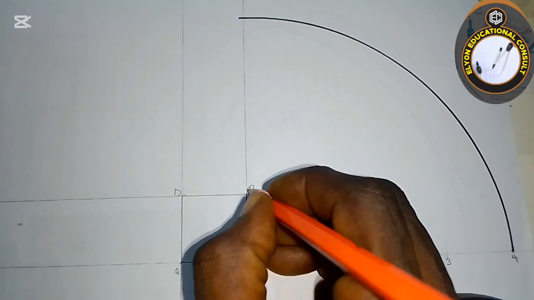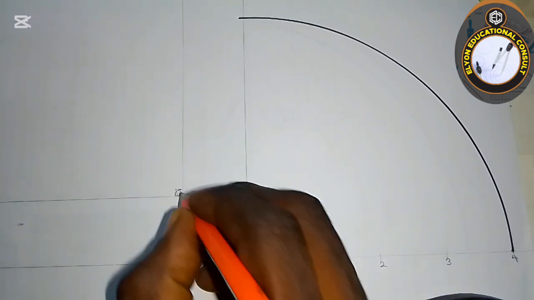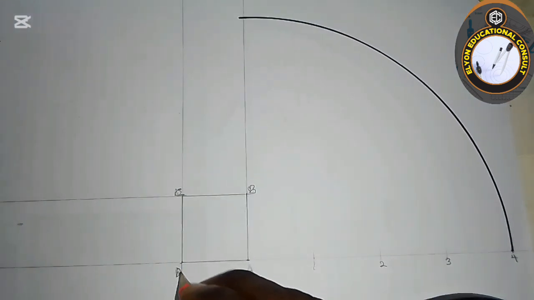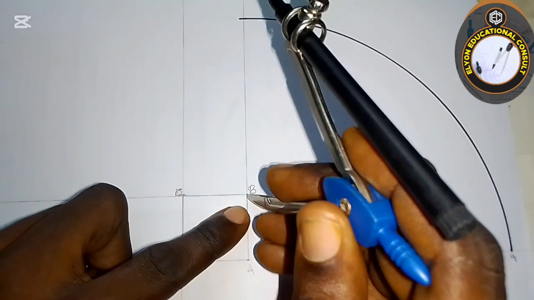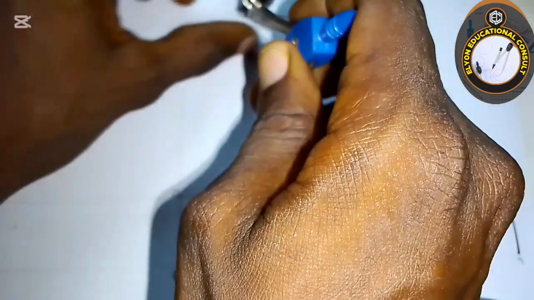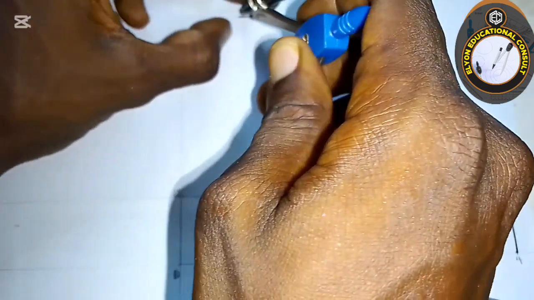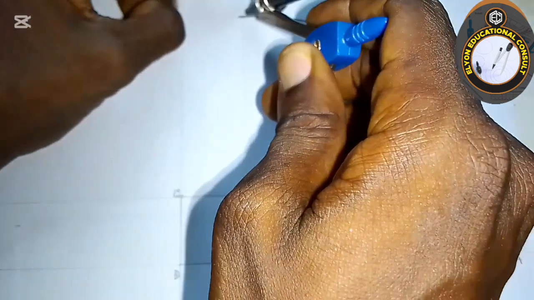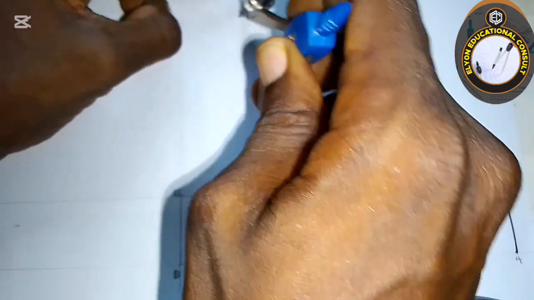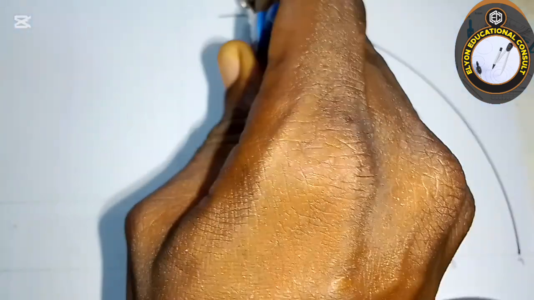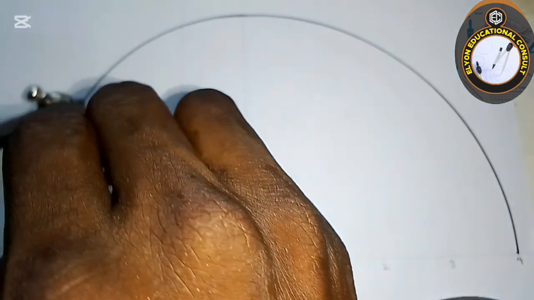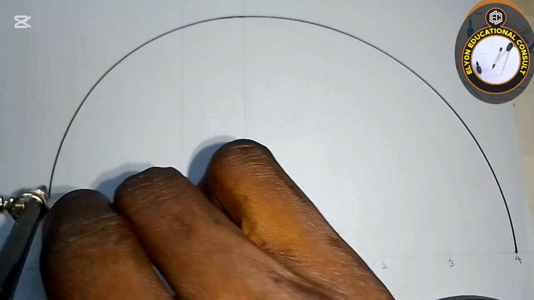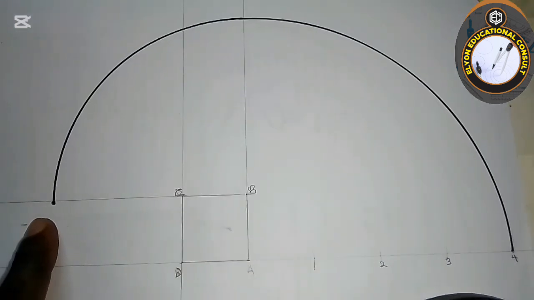Let's call this side B, this side C, then this side D. From B, which is the next after A, stretch it to where A stopped on line AB. I'm going to draw the arc to touch line BC. So I will draw this way like this. Take note of where it stops.